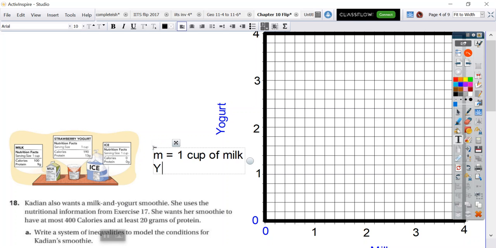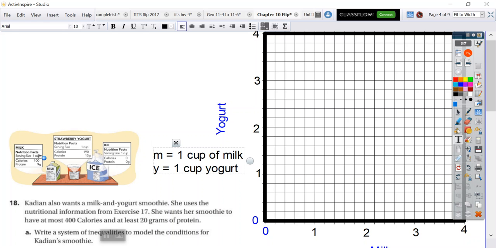And I'm also going to say that Y is equal to 1 cup of yogurt. Okay, my spelling challenges are quite amazing. There we go, yogurt.